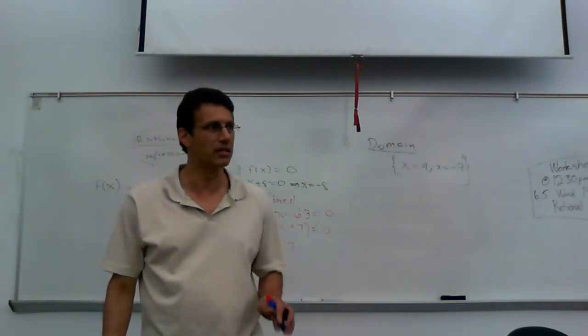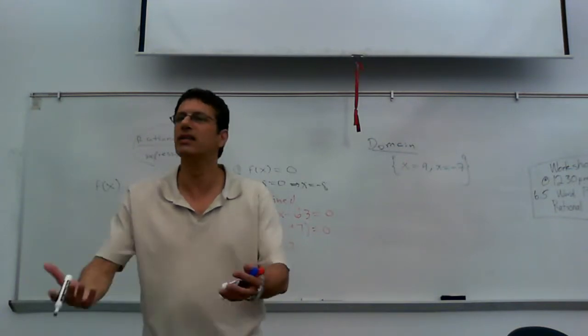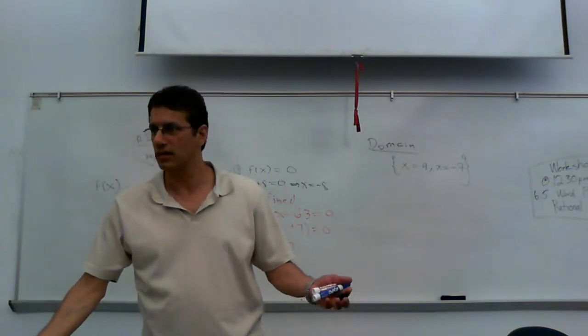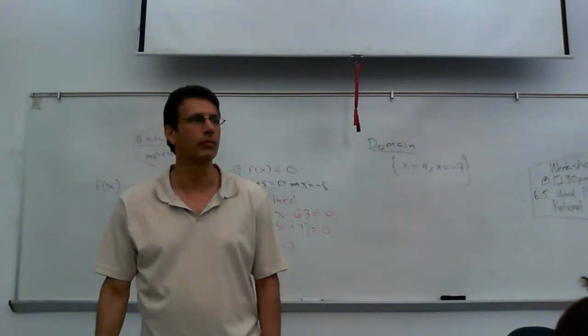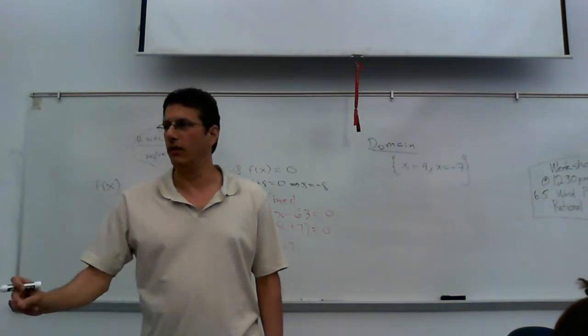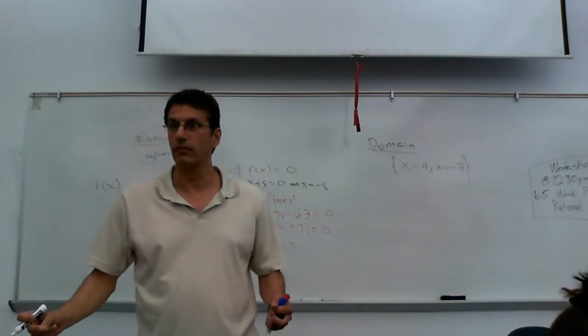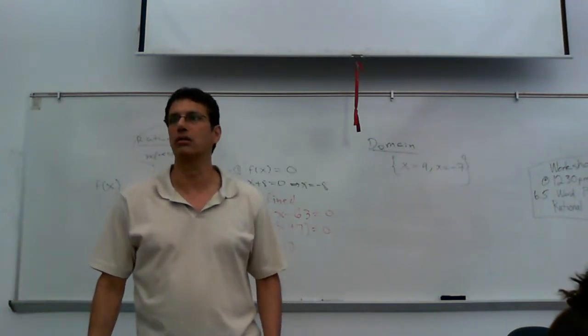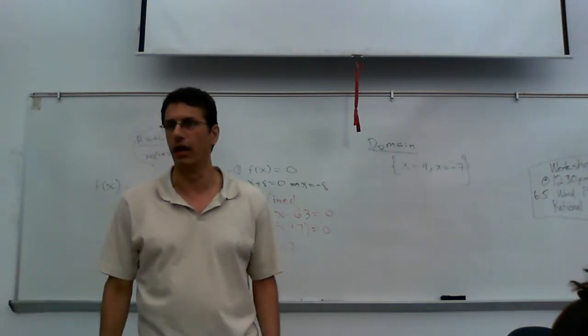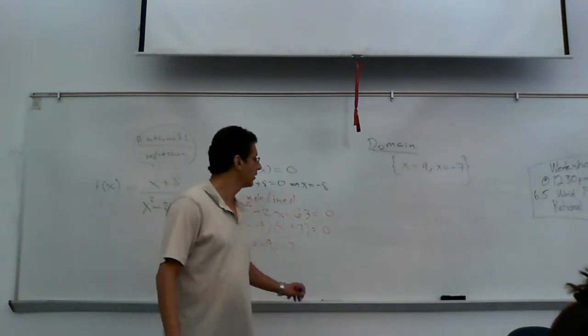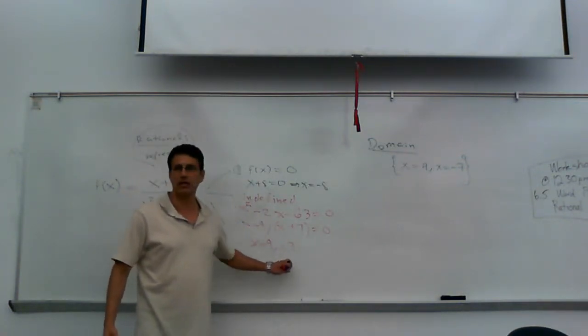So one more time, a simple definition. Whatever x can take, simply put, any value of x that works out, that would be considered the domain, a collection of that, right? What does 9 and what does negative 7 do?